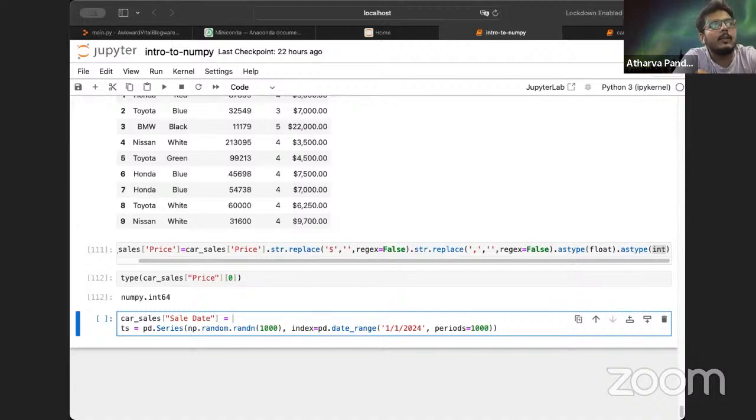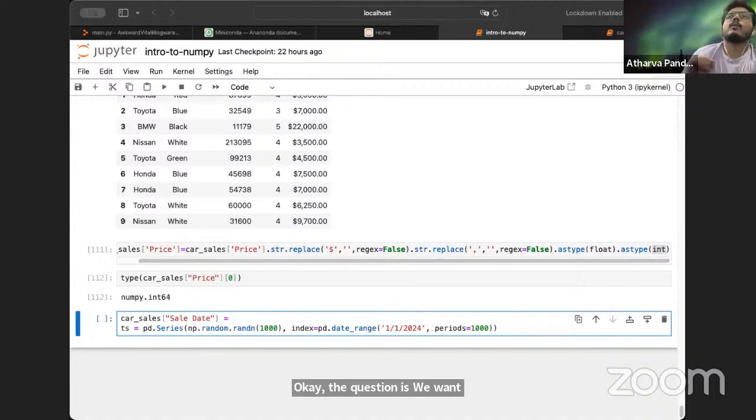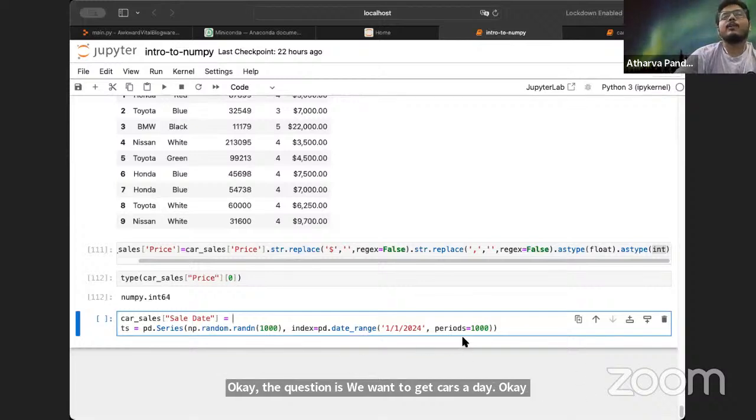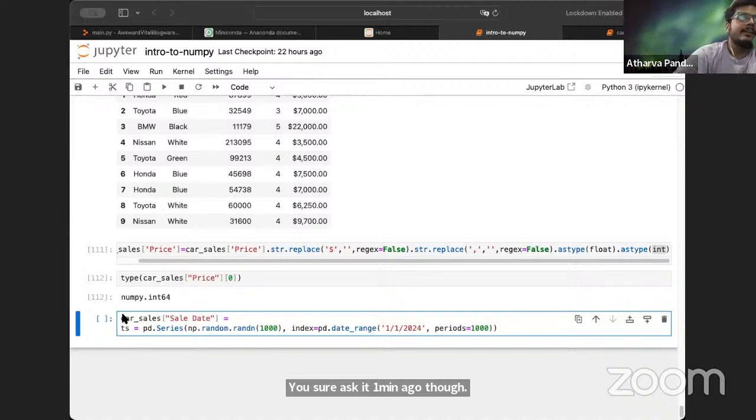Okay. The question is, we want to get car sale date. You should have asked it 1 minute ago, though, but it's okay. I say, give me this car sale date, and you can take reference from this particular thing. That's why I pasted it here.